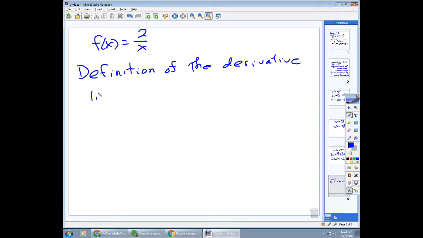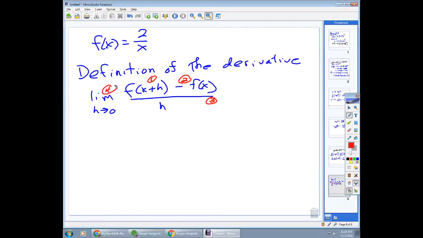So we're just going to state it. I highly recommend the first thing you do in a problem like this is write the definition if I don't give it to you. The limit as h goes to 0 of f of x plus h minus f of x, all over h. And my steps are 1, 2, 3, and 4.